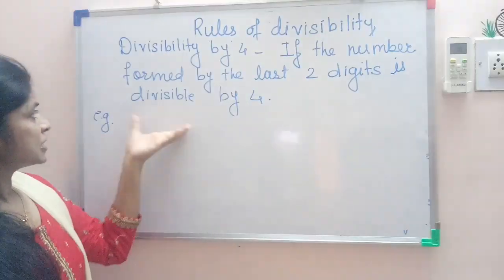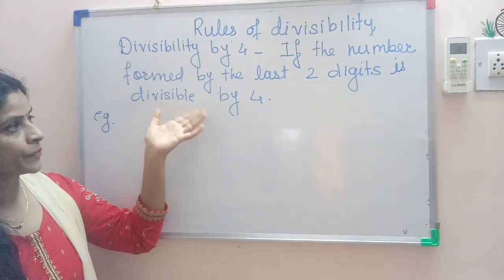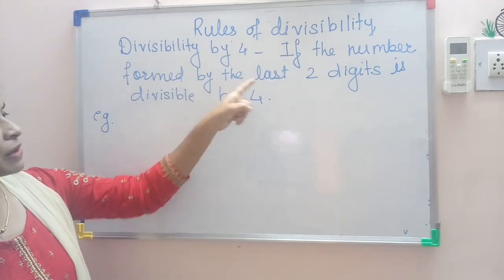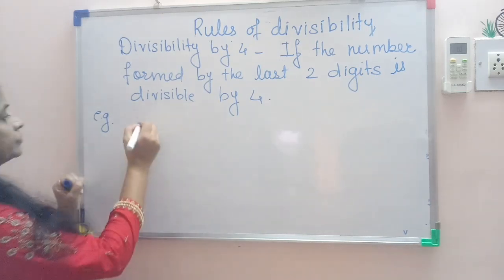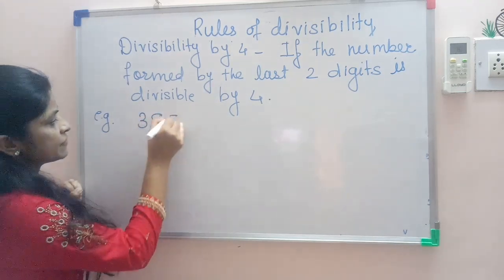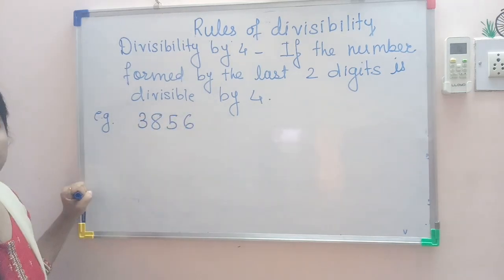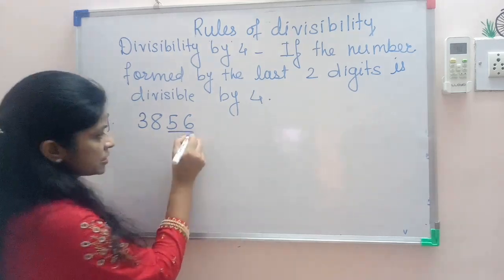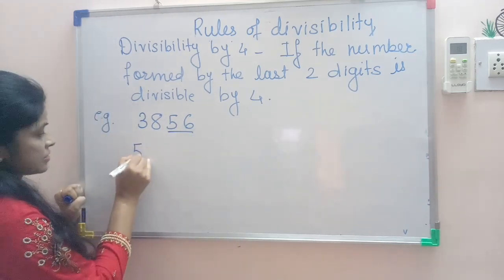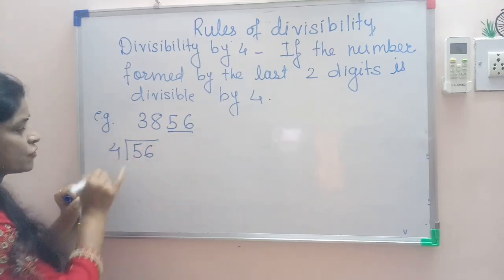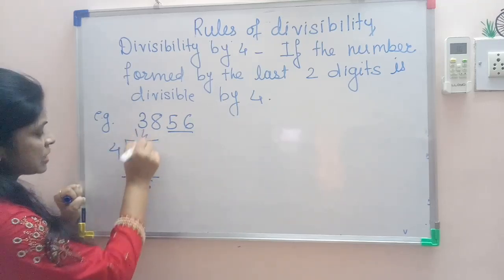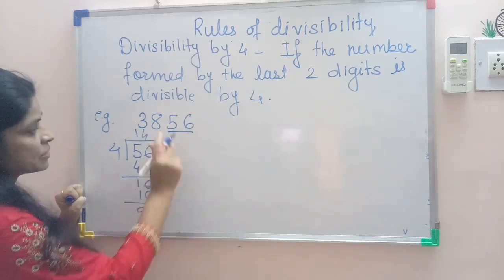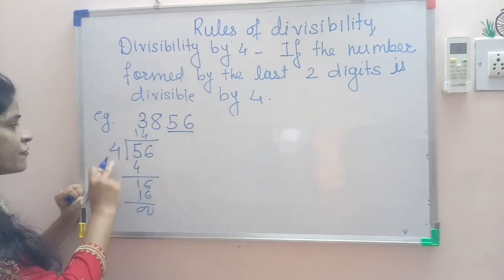Now let's see the divisibility by 4. If the last two digits of the number are divisible by 4, then the number is divisible by 4. For example, 3856. The last two digits are 56. Is it divisible by 4? 4 ones are 4. 4 fours are 16. That means 56 is divisible by 4.